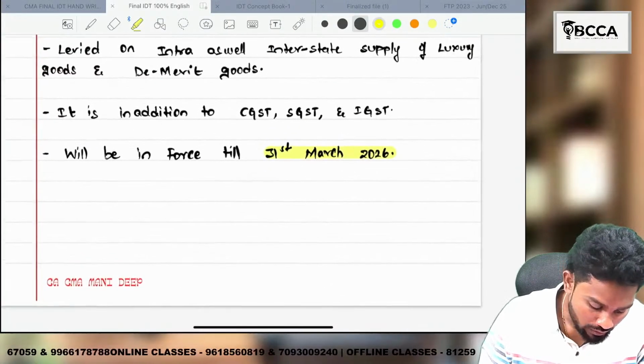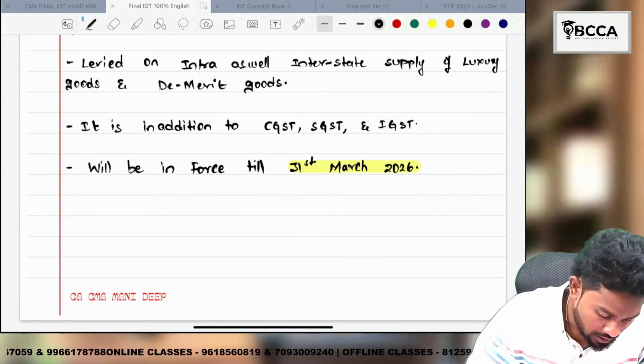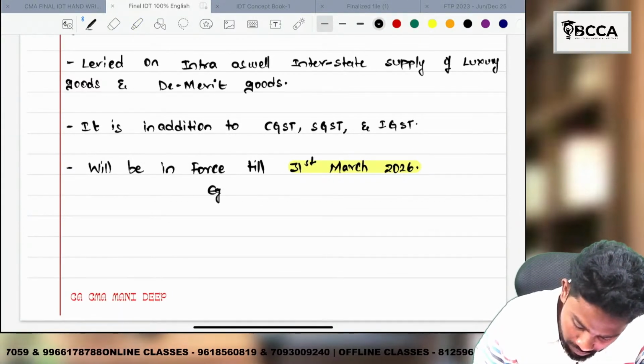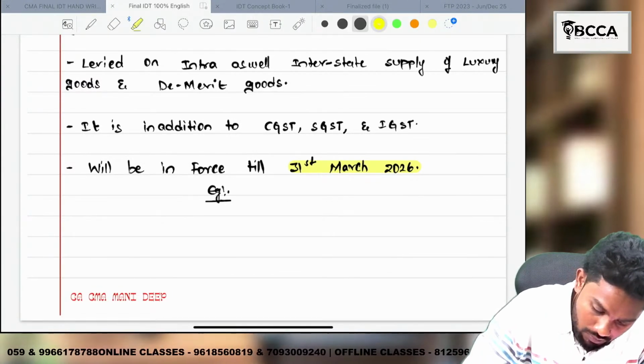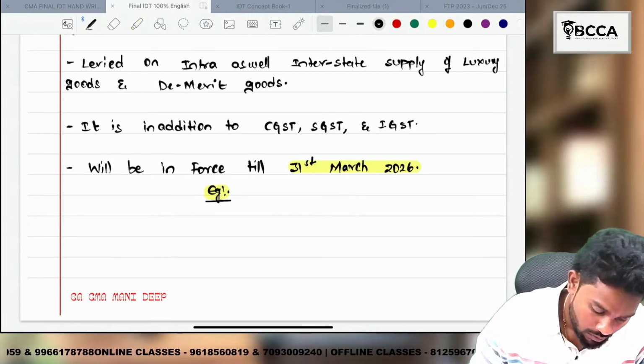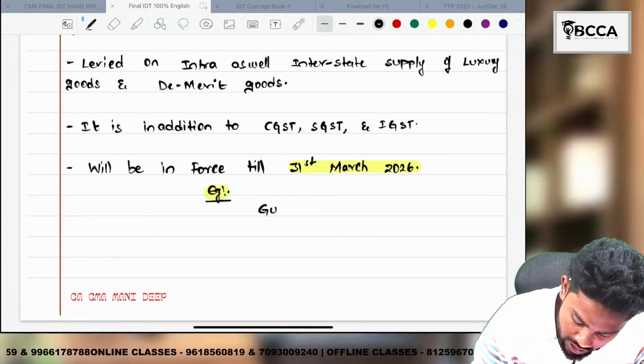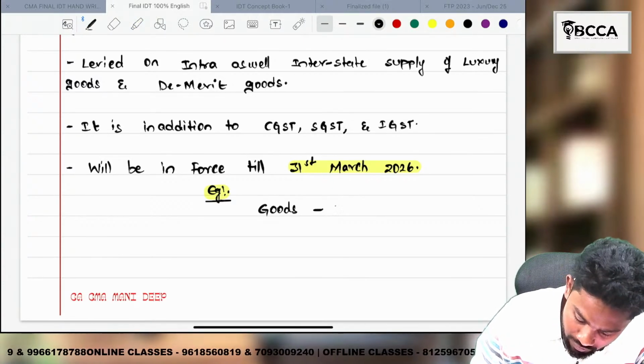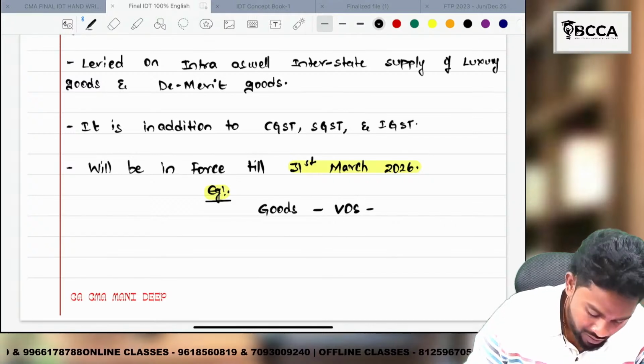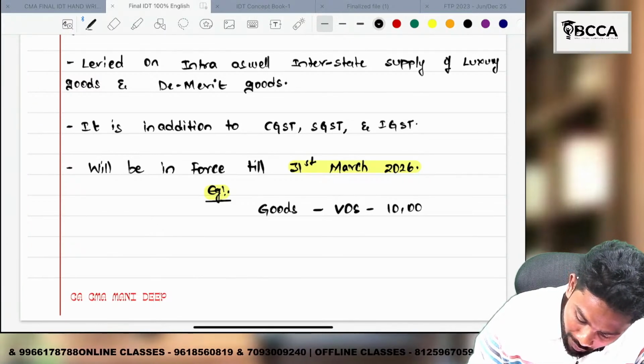Okay. So to have an example of the value on which compensation cess is levied, let's say the value of supply of goods is 10 lakhs.